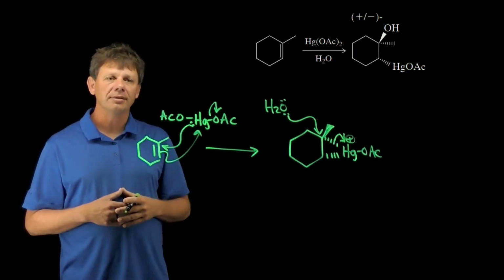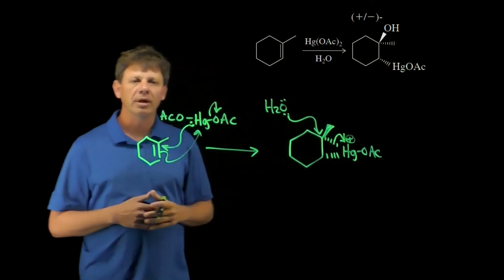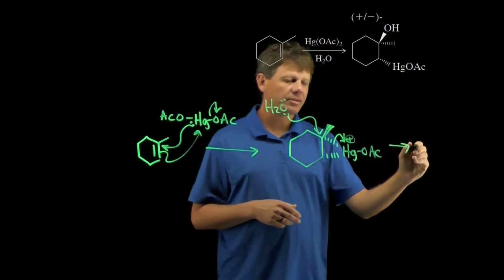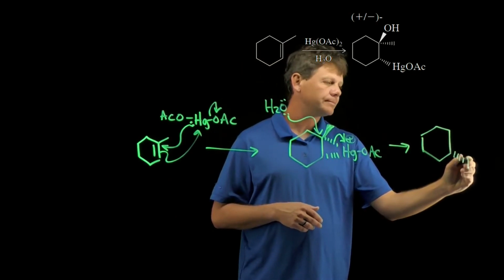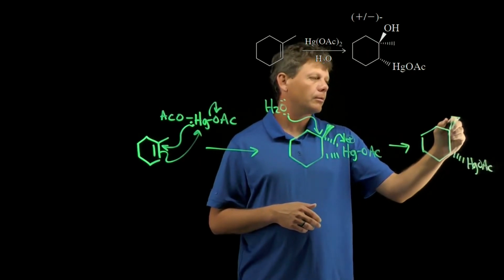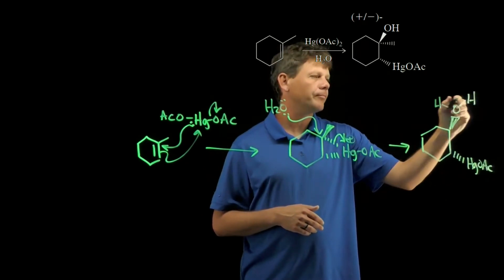So it will be on top, as we can see in our product where we have it shown as a wedged bond. Right? So water has added to the top. When it adds, it's bringing along its proton. And so we can draw that here.